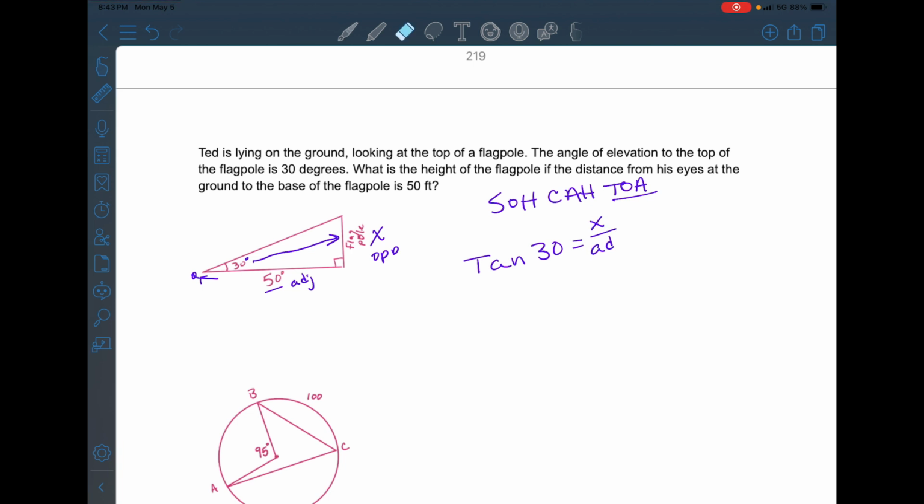And our adjacent is 50. And I put 50 degrees, but that's not 50 degrees. That's 50 feet. All right, so now I'm solving for x. So if x is on top, all I have to do is bring this over. So in our calculator, I'm going to go 50 times tangent of 30 equals, and I get about 28.9 feet.